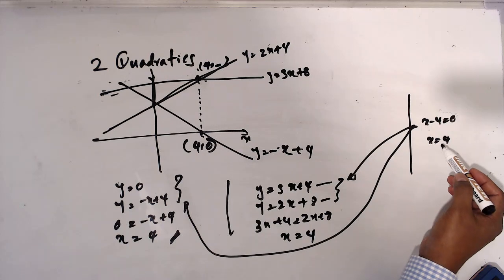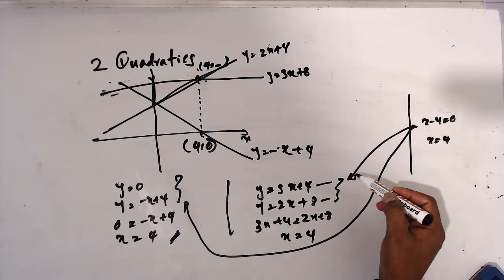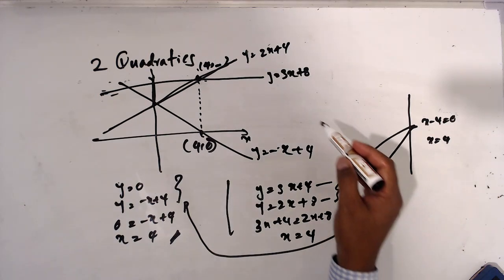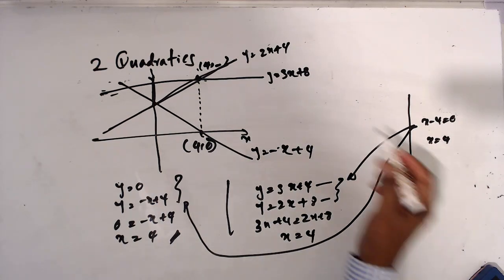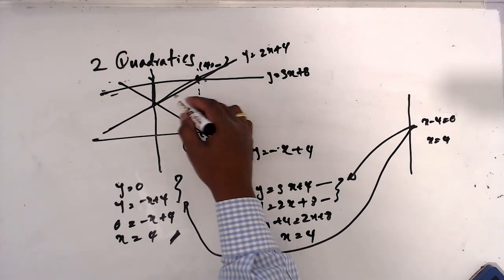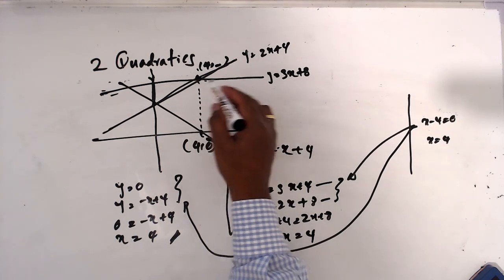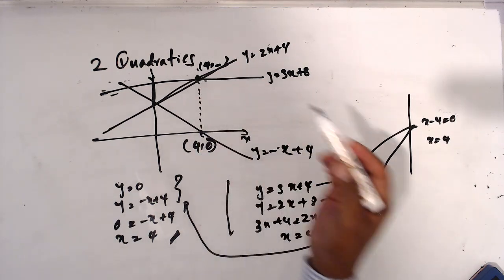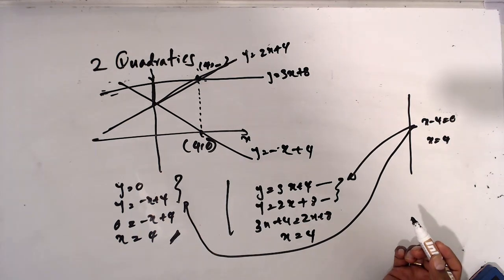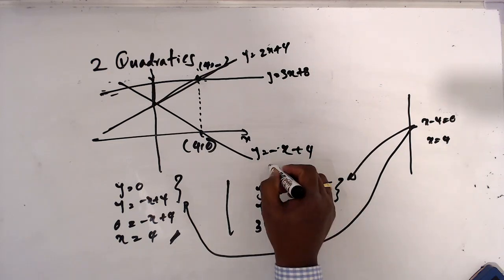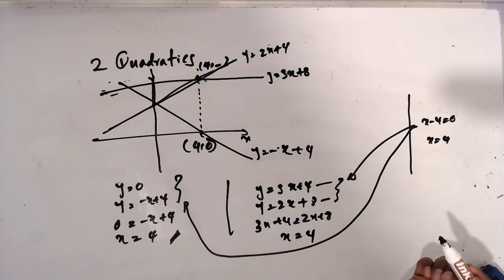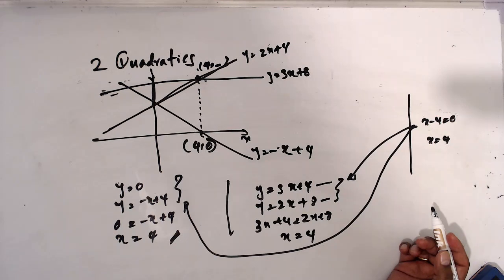So this answer can become the x value of the intersection point of two lines, or a root of another line. So you have two options there.